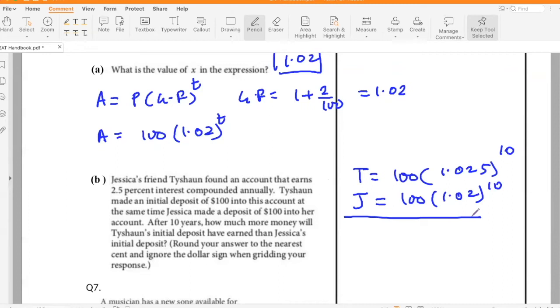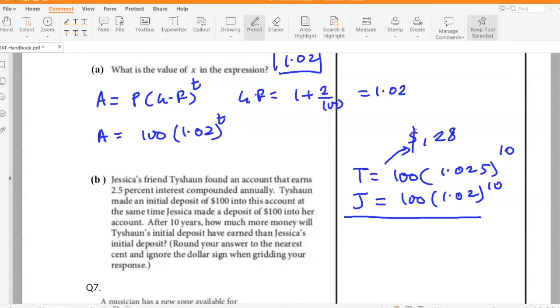So for Tyshawn, let's plug that in: 1.025 to the power 10, and that multiplied by 100. So that comes to almost $128. So Tyshawn's is $128.